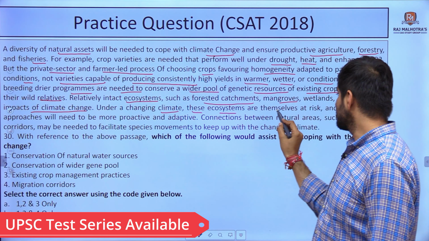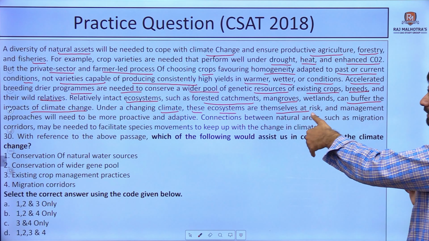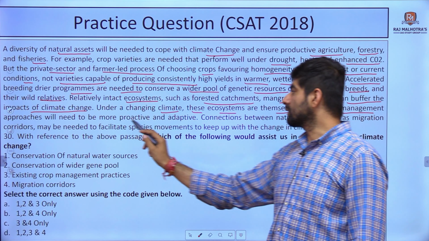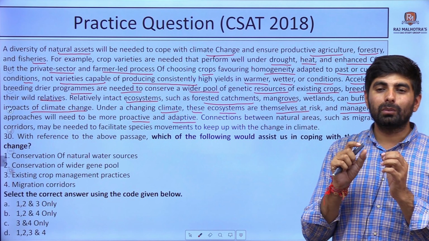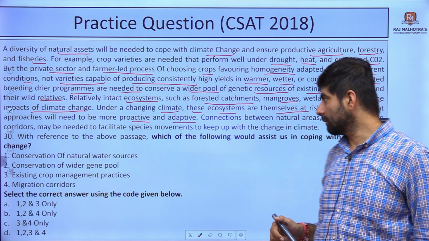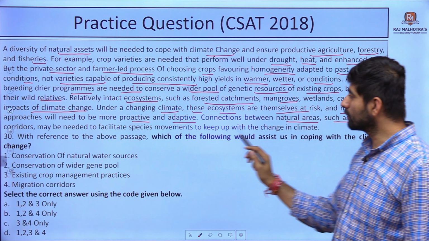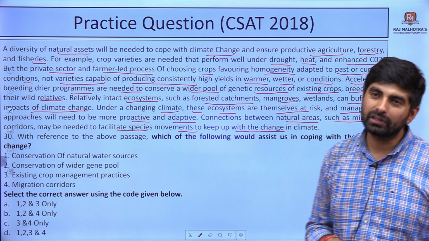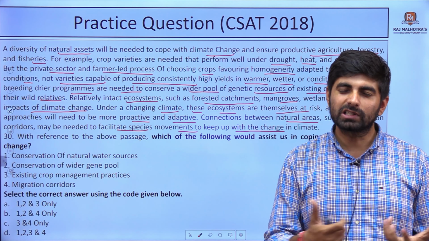These ecosystems are themselves at risk. So here we have mentioned that these ecosystems are already at risk and management approaches will be more proactive and adaptive. So managing these ecosystems. Connections between natural areas such as migration corridors may be needed to facilitate species movements to keep up with the change in climate. Clear? This was the whole short story of the passage.